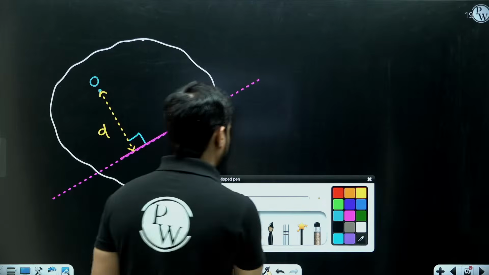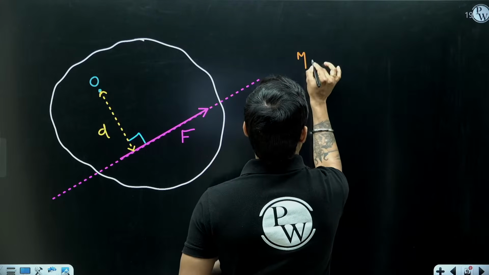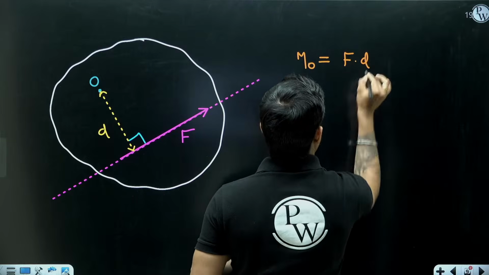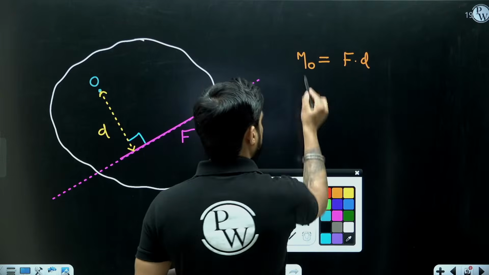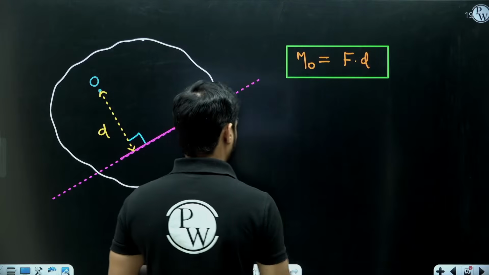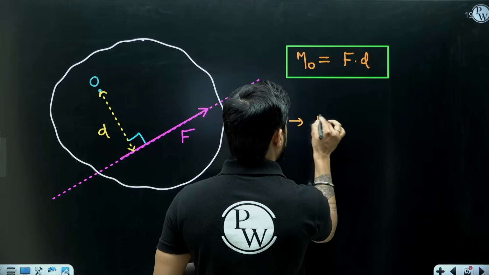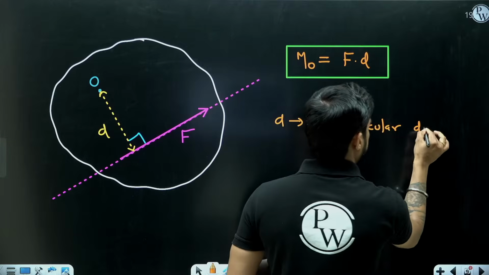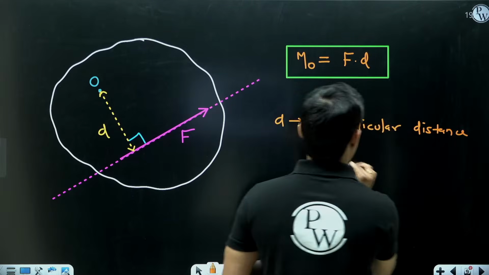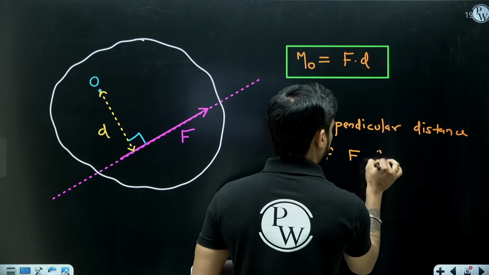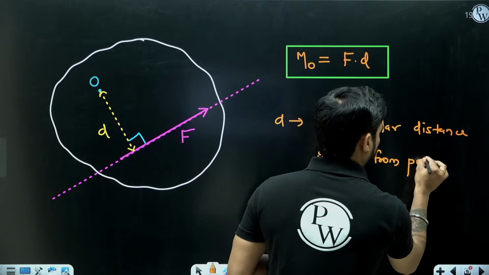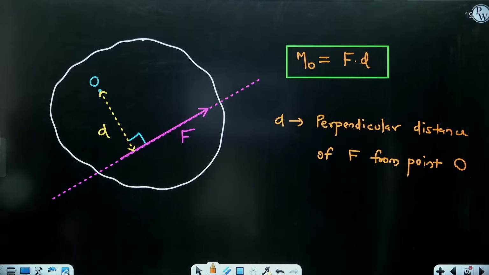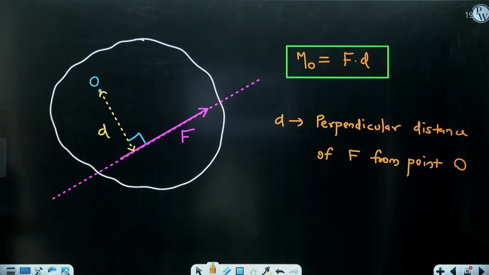So moment of this force M about point O is equal to F into d, where d is the perpendicular distance of F from point O. So this is the scalar formulation of the moment of a force about any point.